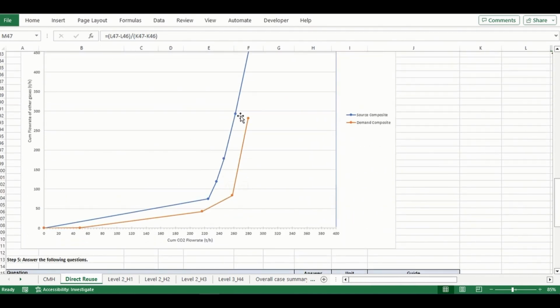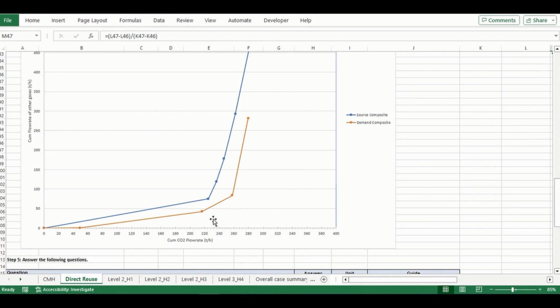Based on the curve, we can see that most likely this will be our pinch point, which is 216.14 and 42.16.